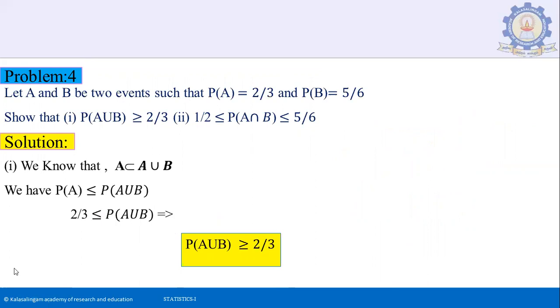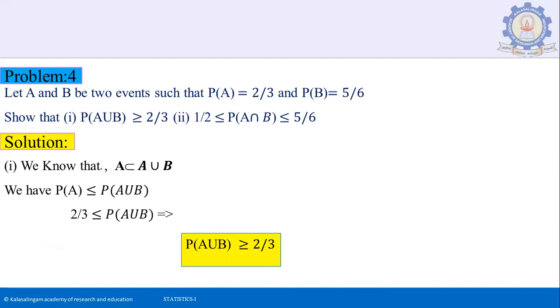Next problem. Let A and B be two events such that P of A equals 2 by 3, P of B equals 5 by 6. Show that, first, probability of A union B is greater than or equal to 2 by 3. And second, 1 by 2 is less than or equal to probability of A intersection B, which is less than or equal to 5 by 6.